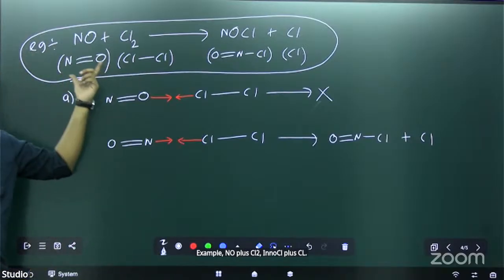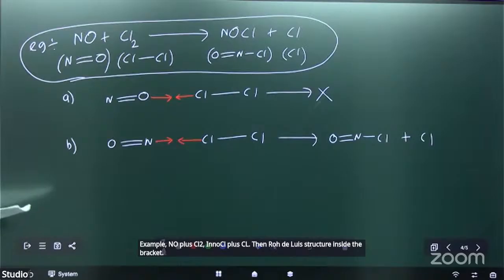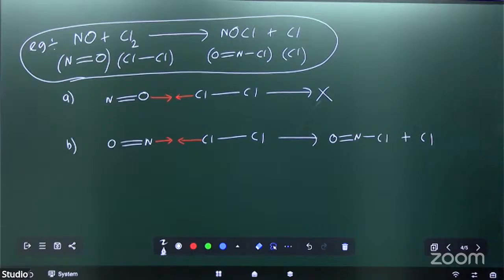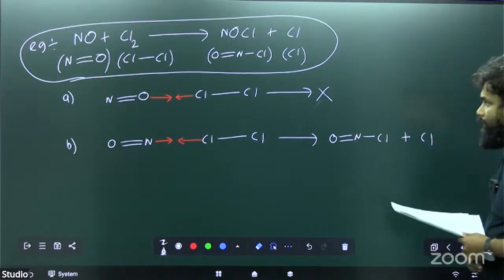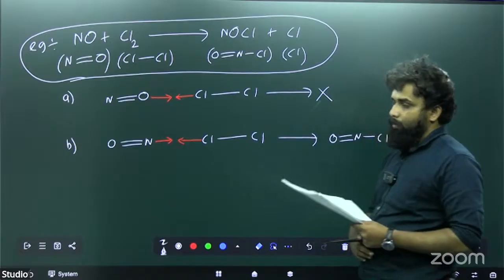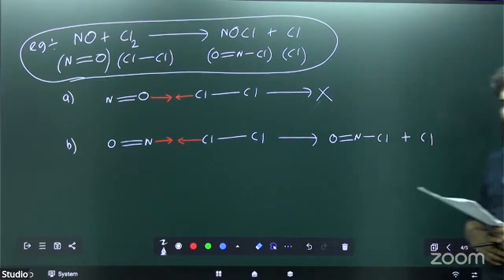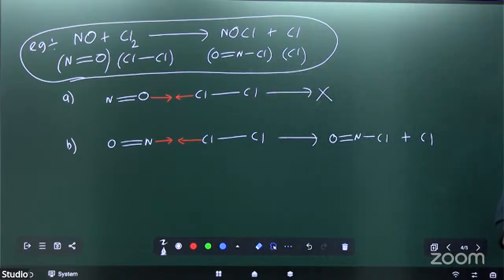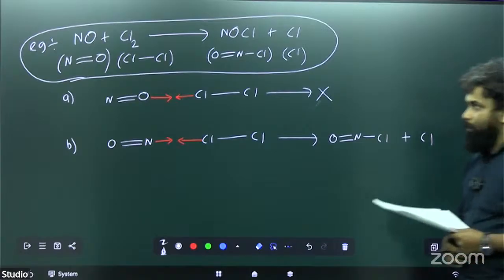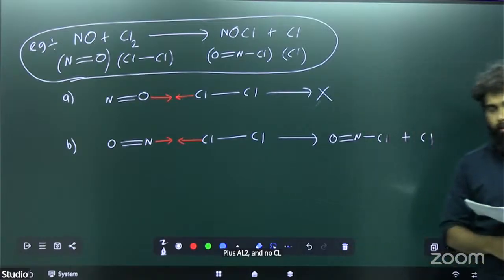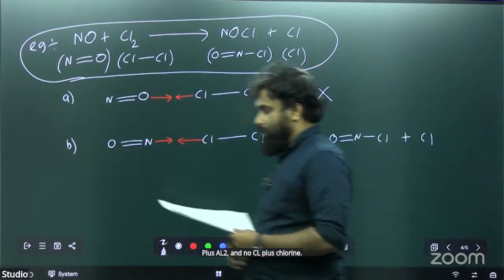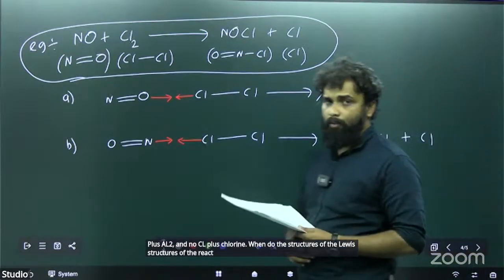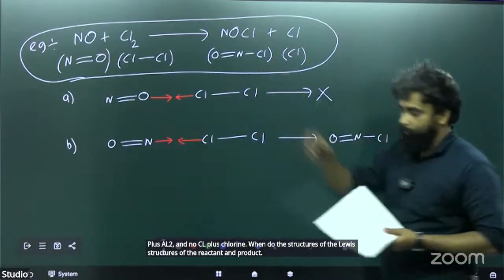Then draw the Lewis structures inside the bracket, the Lewis structures of the reactants and products. Only this part, right?